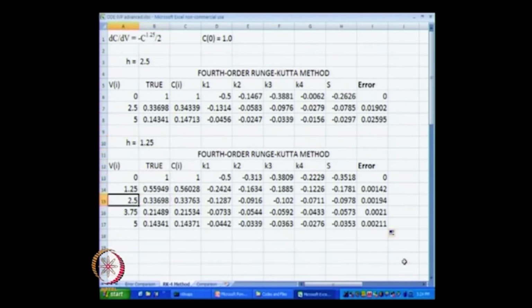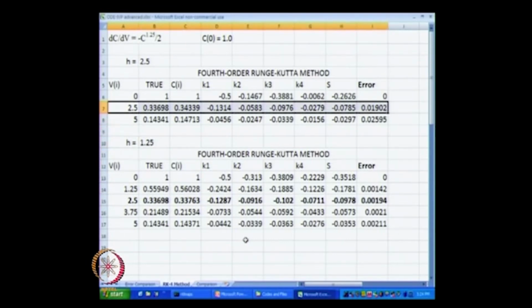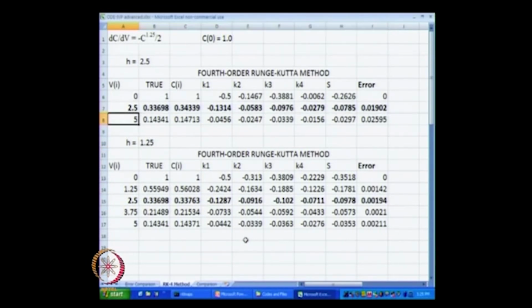If we look at the values here, these are the two values that we get. The delta is going to be the difference between the Ci computed from the two-step procedure and the Ci computed from the single step procedure.